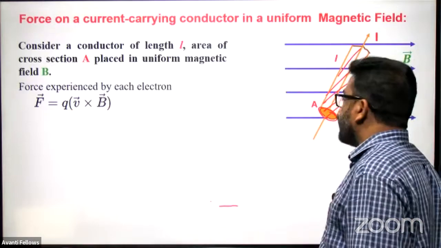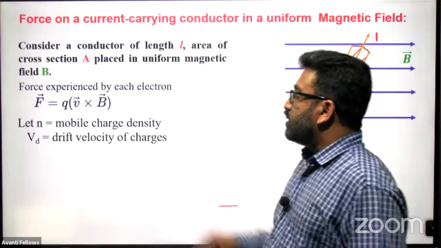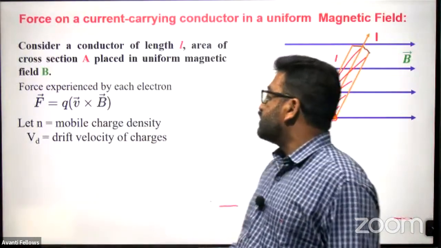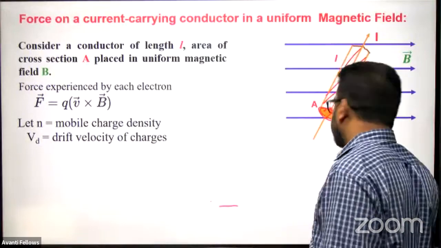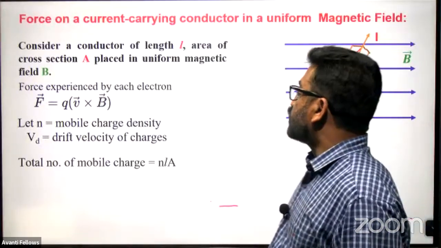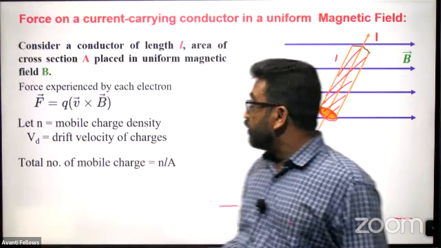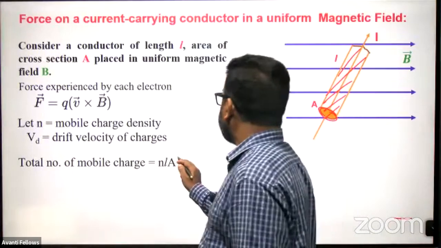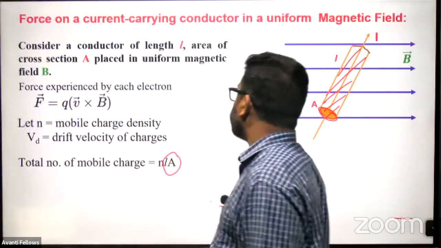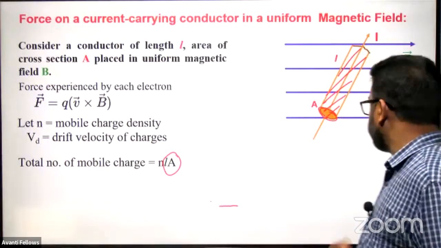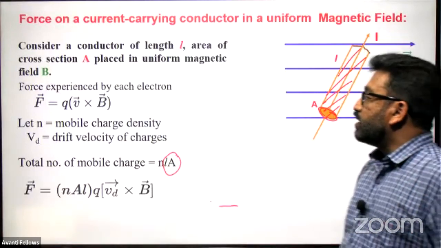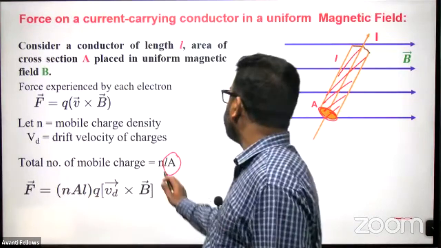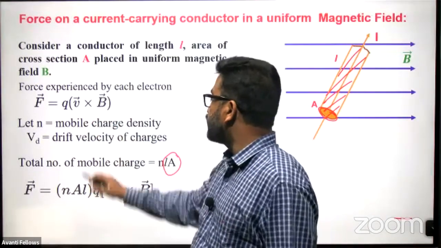Then if N is the mobile charge density and Vd is the drift velocity of the charges, the total number of mobile charges will be equal to N into volume. Volume is area of cross section multiplied by length, so N L A. This is the total number of charge carriers.